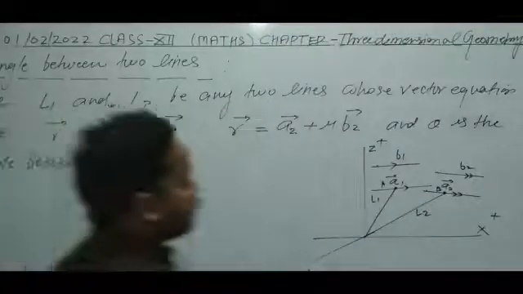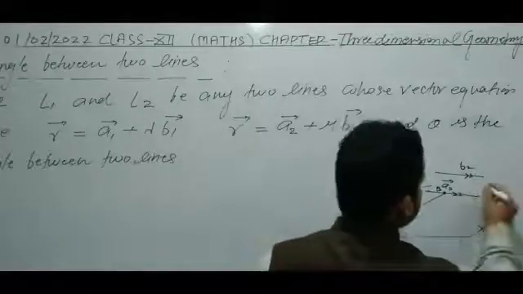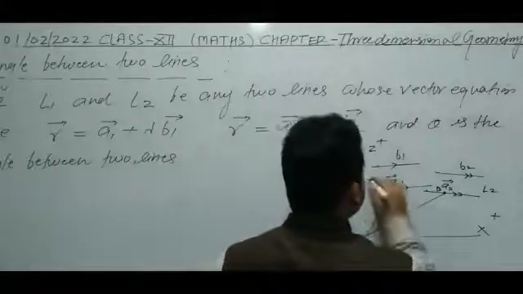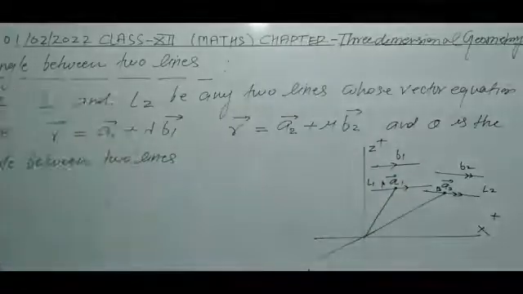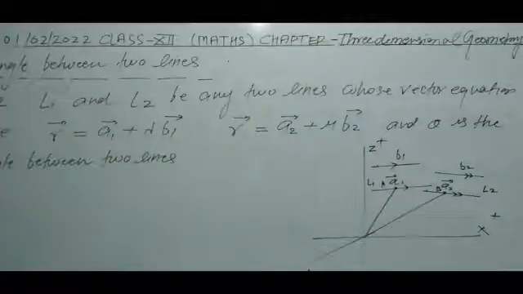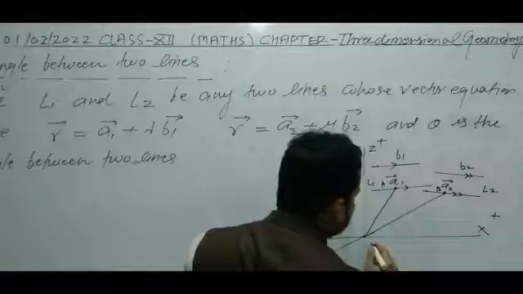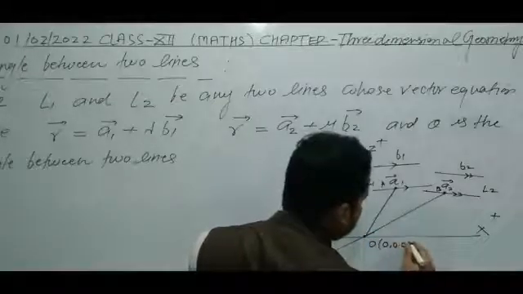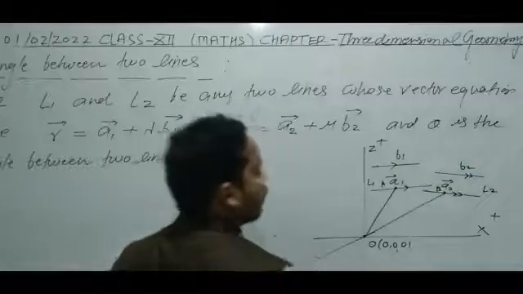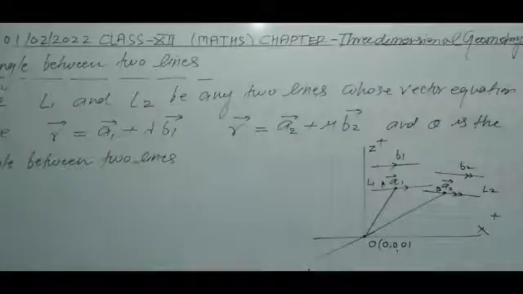This is the line L2 and L1. Now see, this is the origin, having coordinates 0, 0, 0, and we have to calculate the angle between two lines.